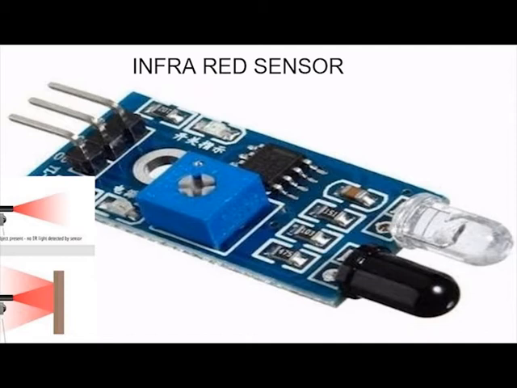We can see the blue box on the sensor in the illustration. This box is a potentiometer, which helps in calibration of the sensor.